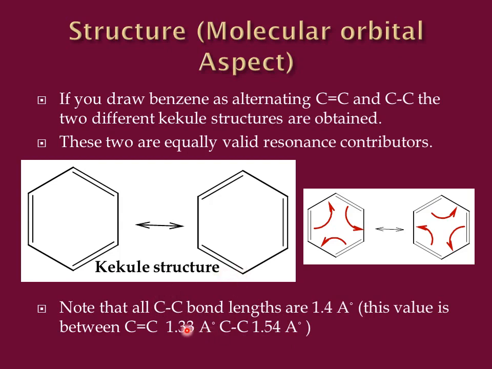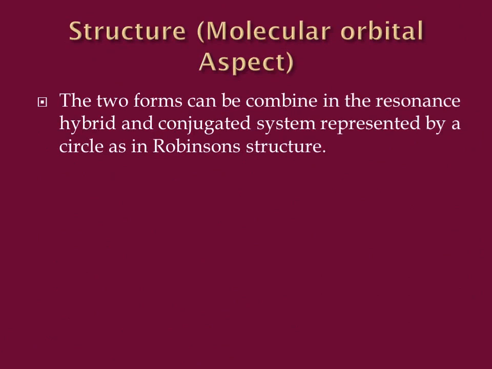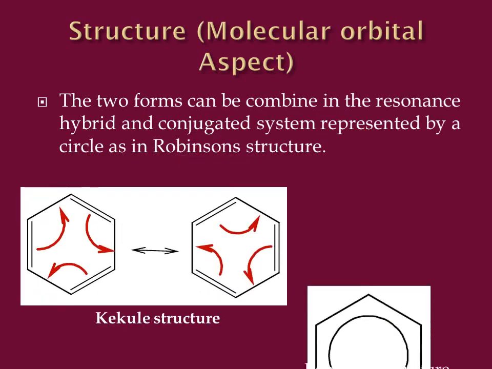Now students, the two forms of benzene that could be written can be combined in a resonance hybrid and conjugated system, which can be represented by a circle as in the Robinson structure. Why students? Because all these double bonds are continuously delocalized in the ring.